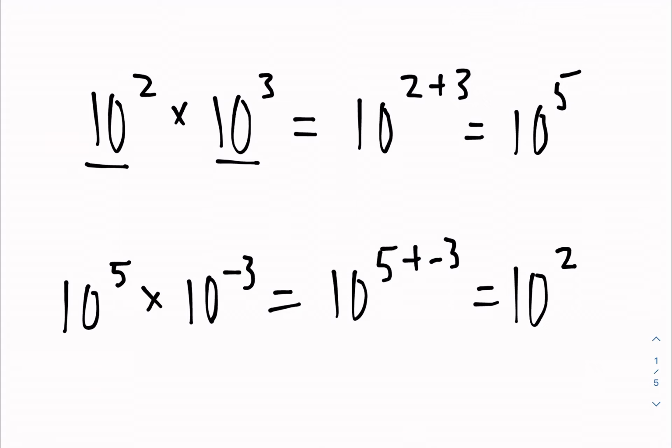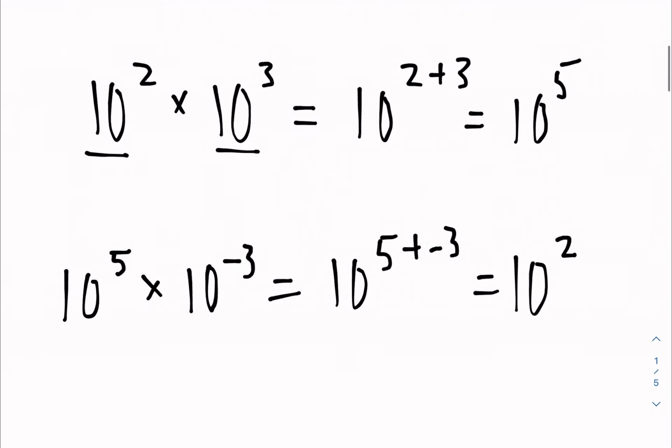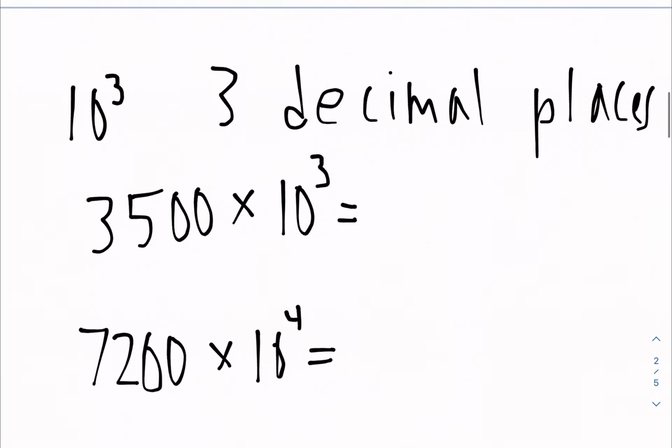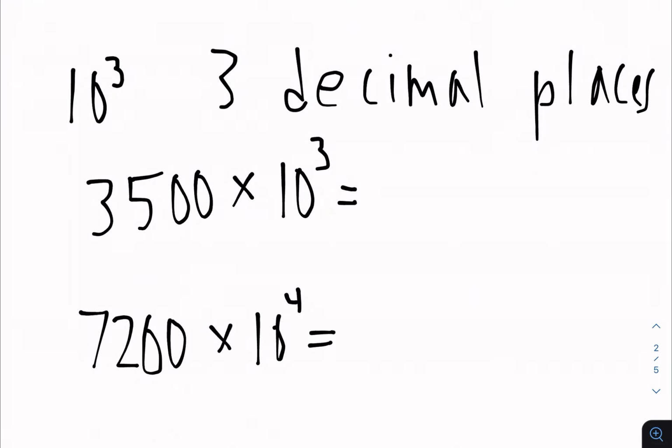So now, let's see when you multiply a whole number by a power of 10. When you multiply a whole number by 10 to the 3rd power, for example, we just move it 3 decimal places to the right.